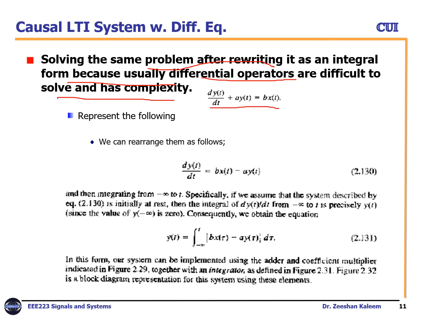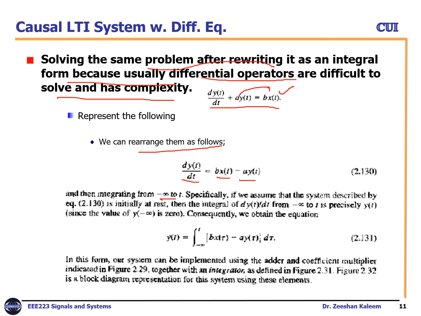So we have this equation, and we represent it in terms of integration. First rearrange: the differential term dy/dt on the left-hand side is equivalent to b x(t) minus a y(t), where we moved this term to this side. Then we integrate from minus infinity to t.